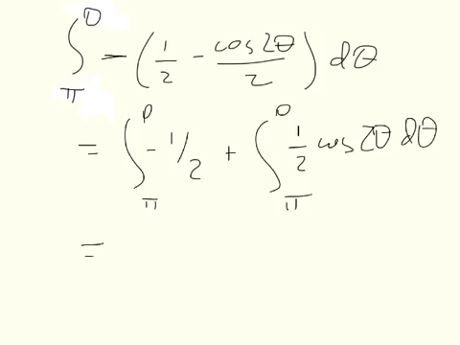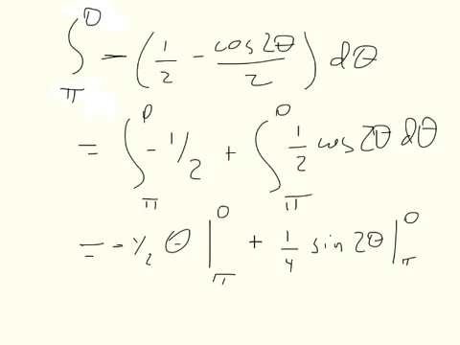This becomes negative 1/2 theta from pi to 0, plus, okay, well, we can integrate this, or we can recognize that we're going through an entire period of cosine, 2 pi, as we go from pi to 0, and so we know it will integrate to 0, but let's go ahead and do the integral anyway.